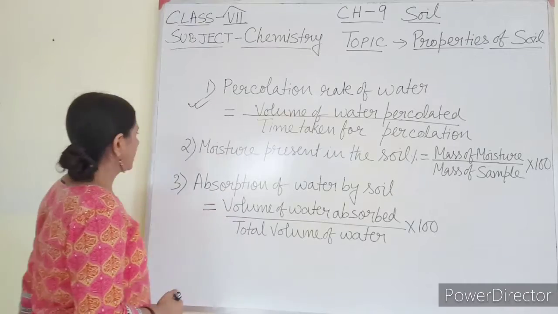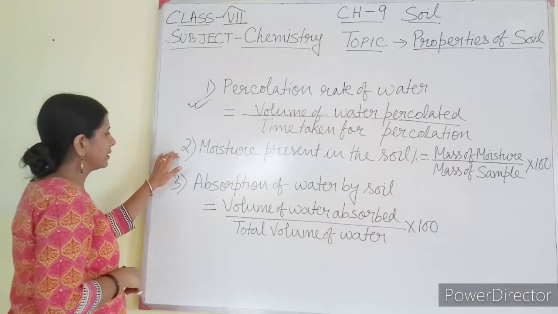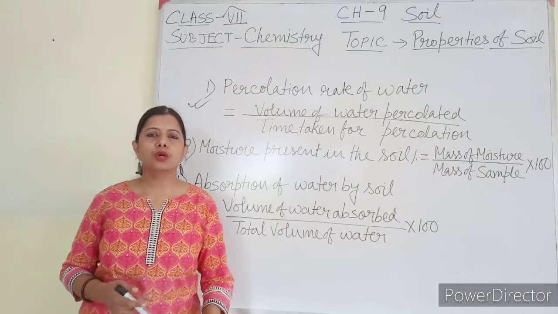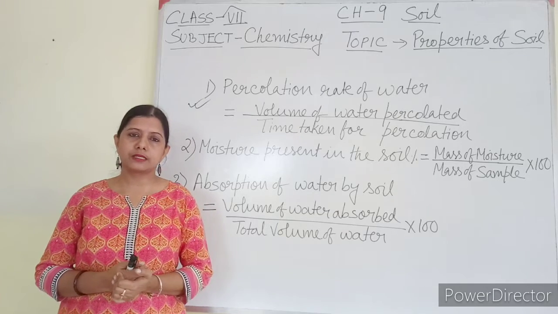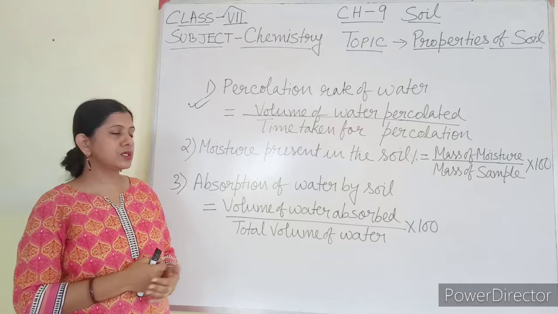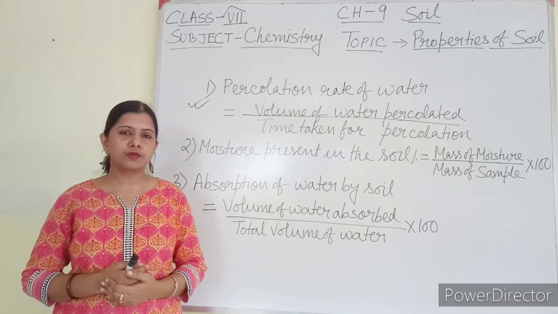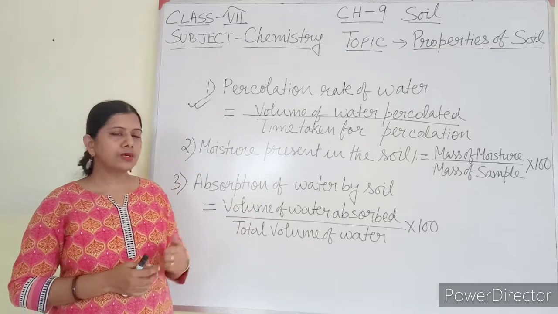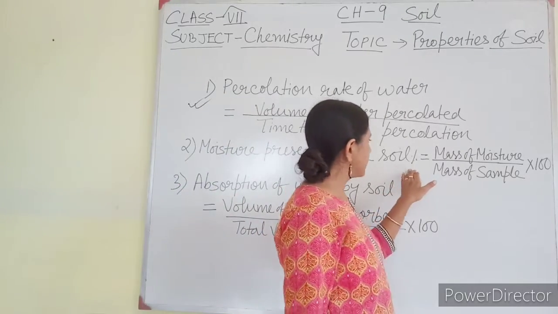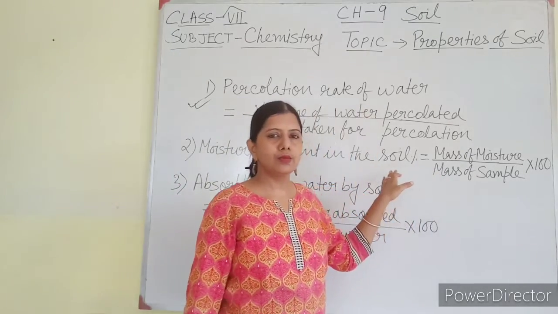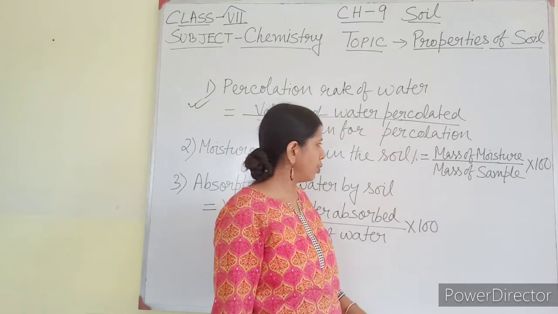Okay. Now, moisture present in the soil. As I already told you, in soil some amount of moisture is always present. Now how much moisture is present in which type of soil, to find that out there is also a mathematical formula. In percentage you calculate the moisture present in the soil. How?